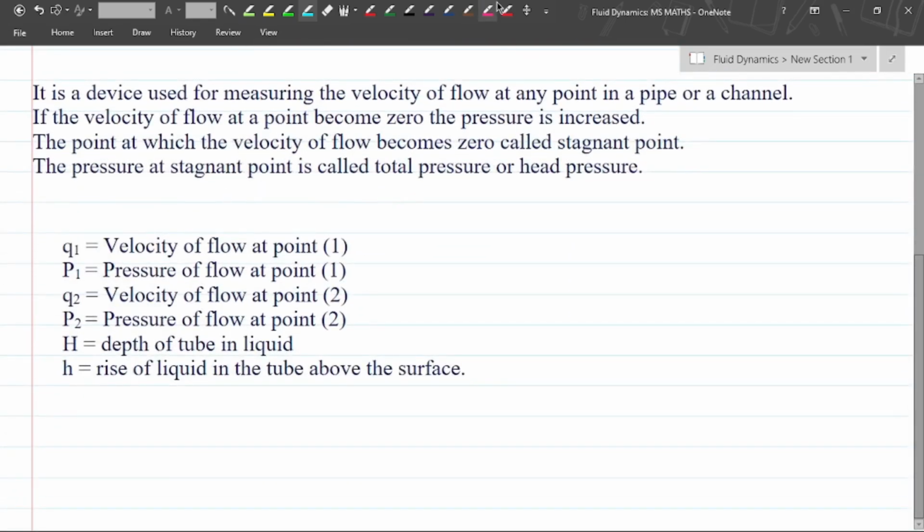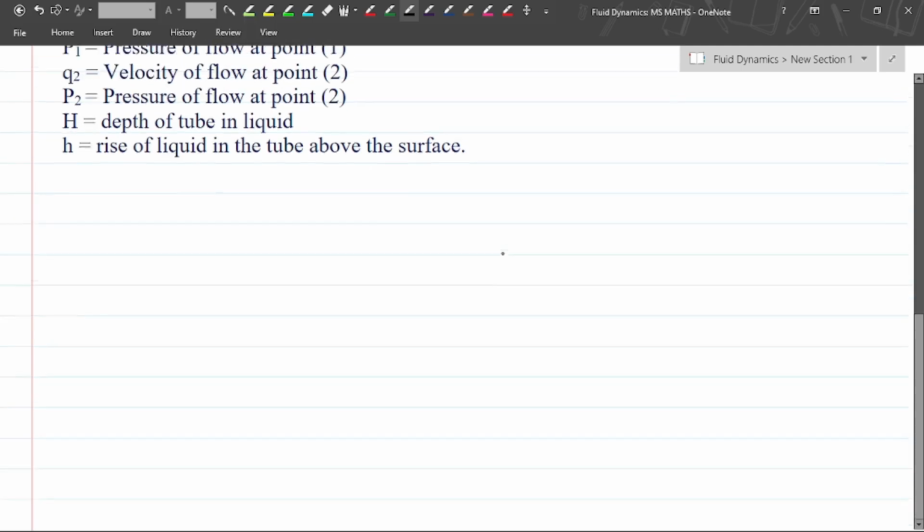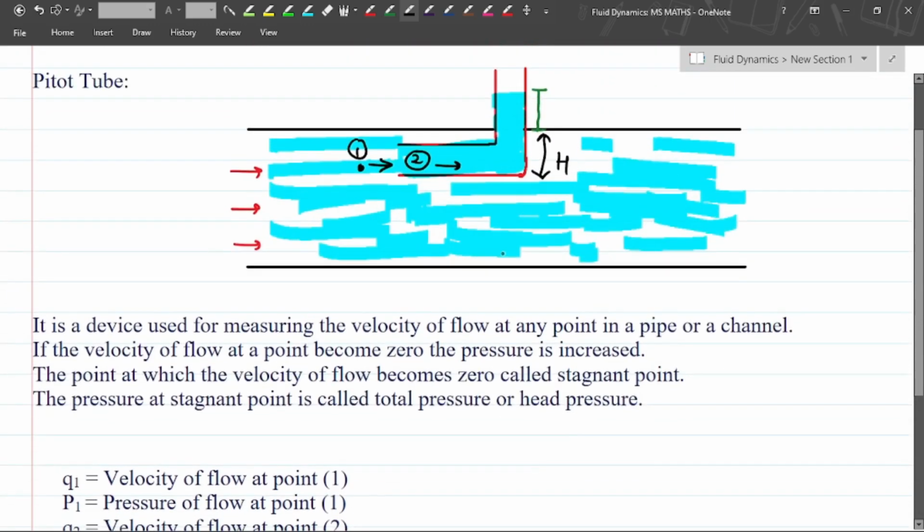Q1 and Q2 are the velocities, Q1 at point 1, which is outside the Pitot tube. P1 is the pressure there, Q2 is the velocity of the flow at point 2, and P2 is the pressure of flow at point 2. Now, by using Bernoulli's equation, we take Z1 and Z2 with respect to the reference line.